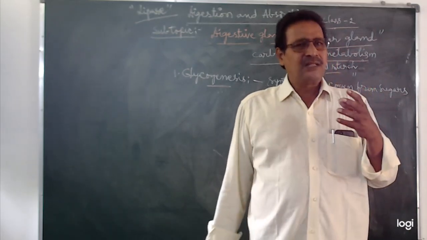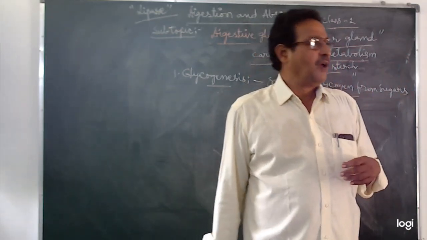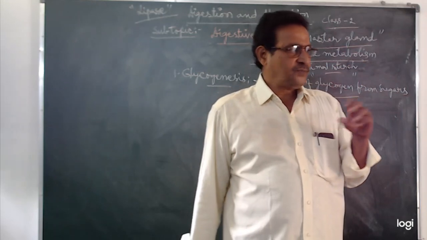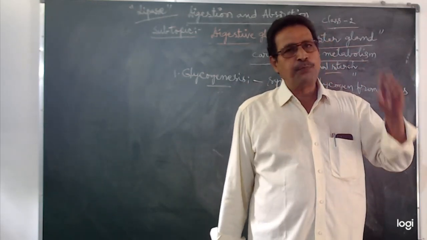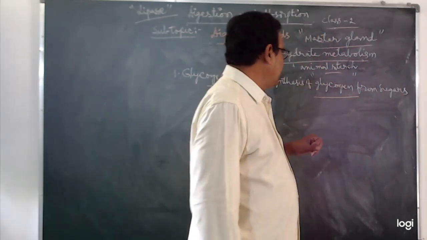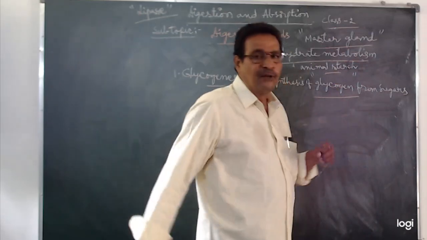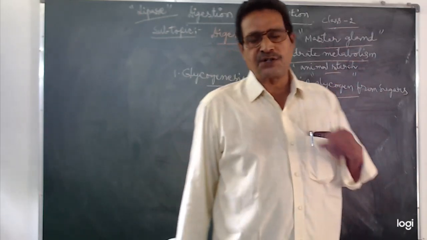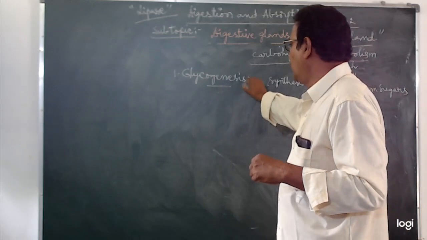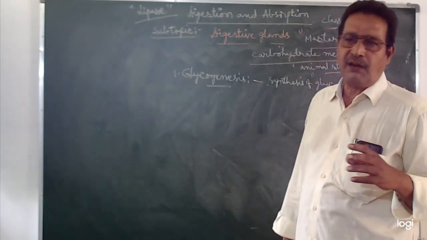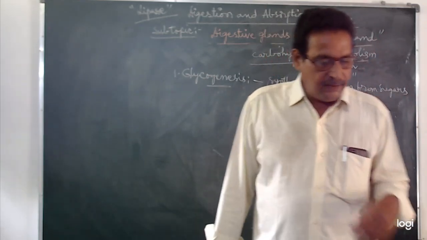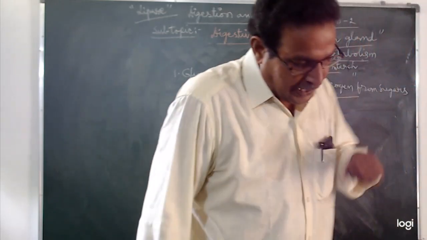That starch is the plant product, and similarly, glycogen is animal starch. Glycogenesis is the responsibility of liver. And then glycogenolysis.